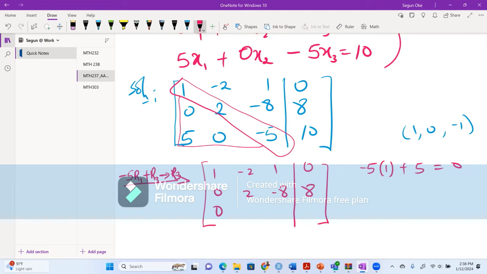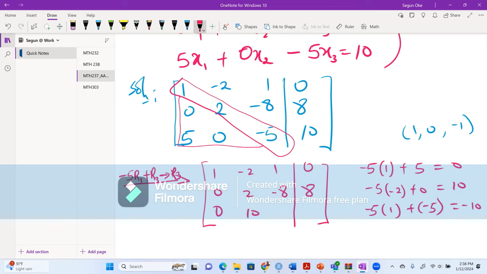Then the next one will be -5 multiplied by -2 plus 0 will give me 10. The -5 of 1 plus -5 will give me -10.